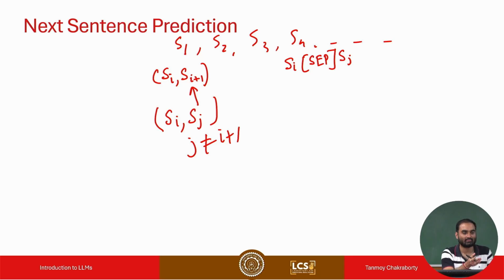So intra-sentence, inter-sentence. The interesting part is that I will do both objective 1 and objective 2 together during the training time. It is not the case that I first do objective 1, mask language prediction, and then objective 2, next sentence prediction.